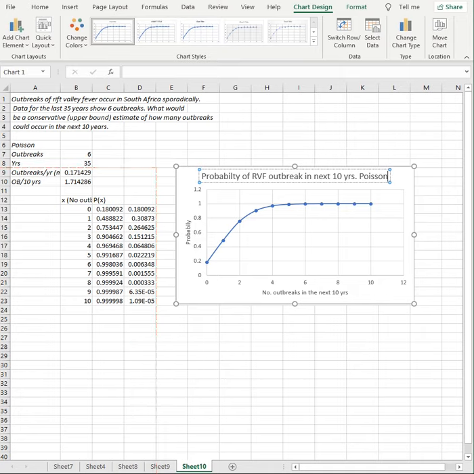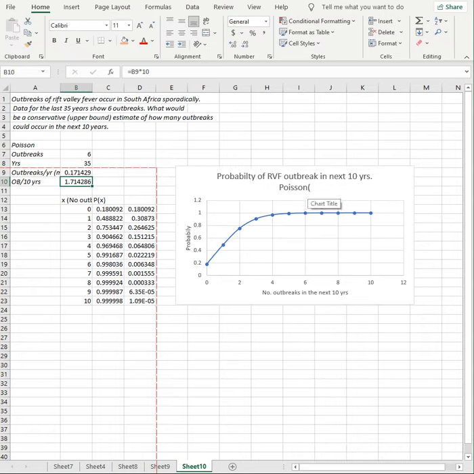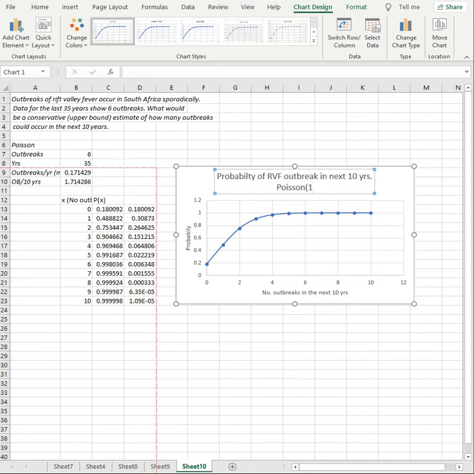For the Poisson, we have a specific way of labeling it. We want to put the T on beta, which for the time is 1, but we just put what our outbreak mean is, so that number, 1.74.